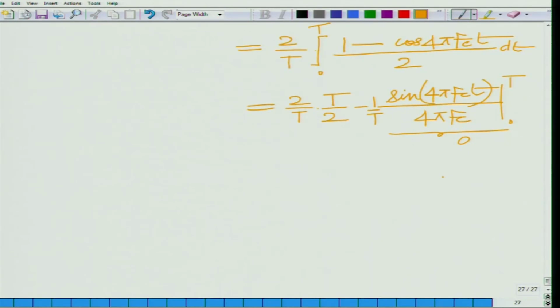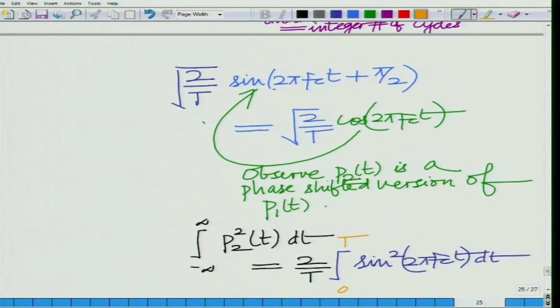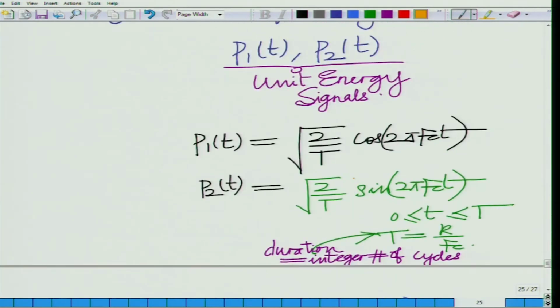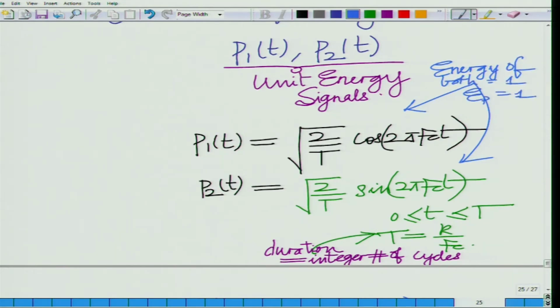So this is 2 over T into T by 2, which is equal to 1. So what I am trying to show is that the energy of both these pulses, which goes without saying from symmetry, is unity, that is, we have E p equal to 1.